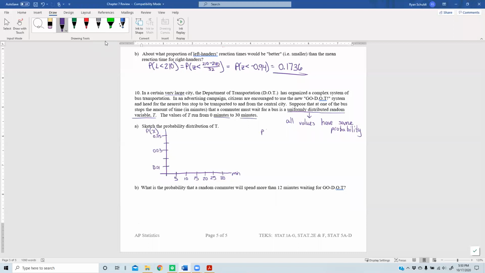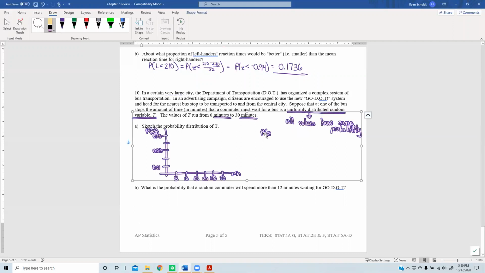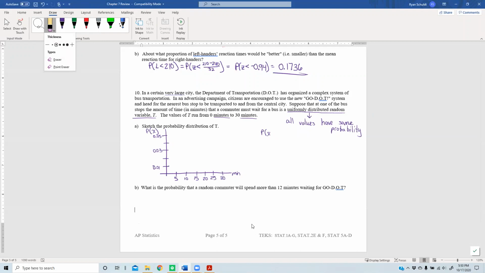That means the probability of any given x is just a straight line at 1/30th. So 1/30th is our probability here.